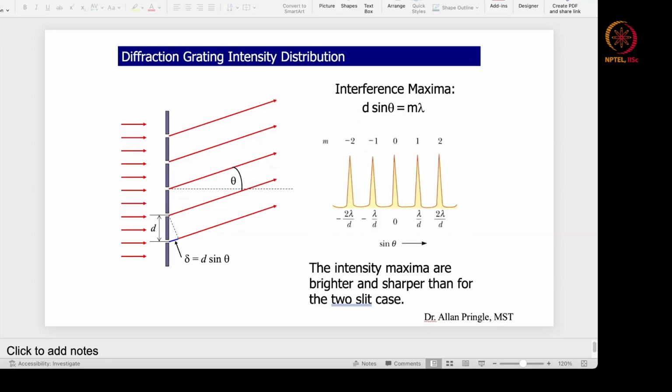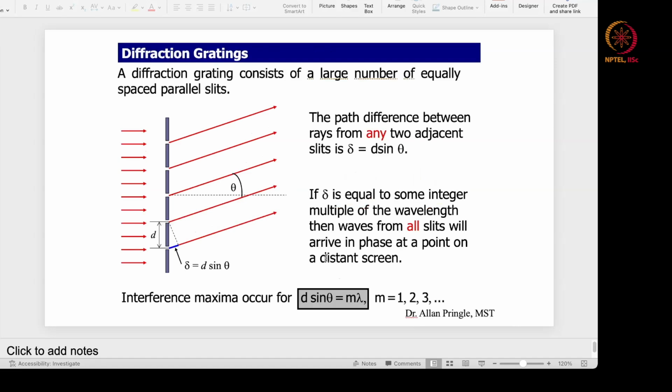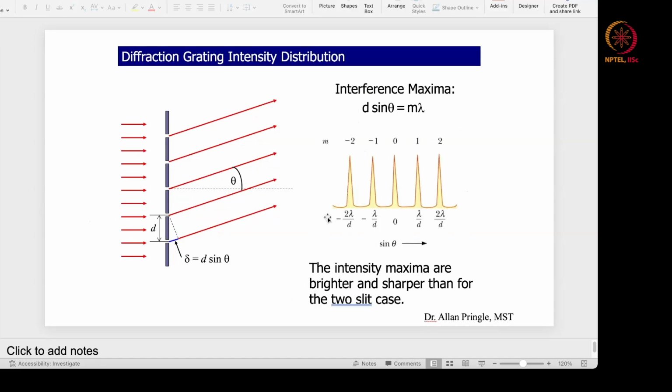So the diffraction grating intensity distribution is given by d sine theta equal to m lambda, assuming that delta is an integer multiple of the wavelength, as we said already. These are the intensity peaks. These intensity maxima are brighter and sharper than for the two-slit case. So these are very sharp peaks that you get as interference maxima.